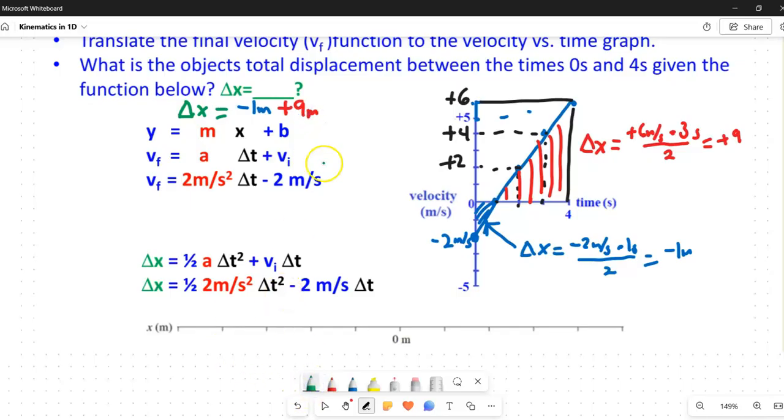So that overall displacement is going to be positive 8 meters. Now I don't know what the starting position of this is. All I know is it's got a displacement to the right of 8 meters over the entire trip. Okay?